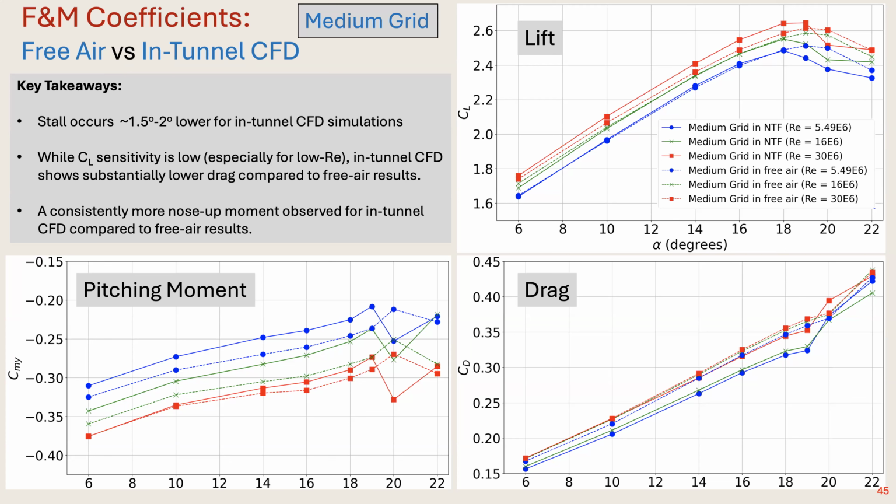The takeaway is that stall occurs 1.5 to 2 degrees lower in tunnel simulations than free air. The CL sensitivity is low at low Reynolds number. In-tunnel CFD shows substantially lower drag compared to free air, and essentially more nose-up moment is observed for internal CFD compared to free air results.